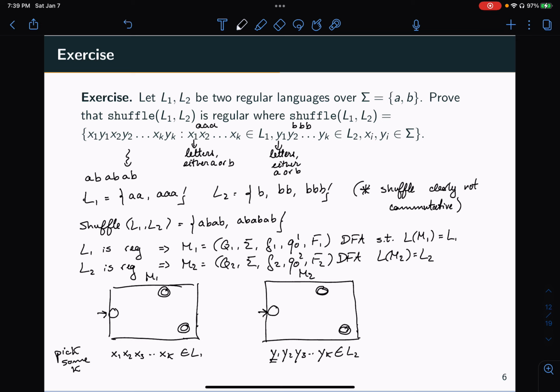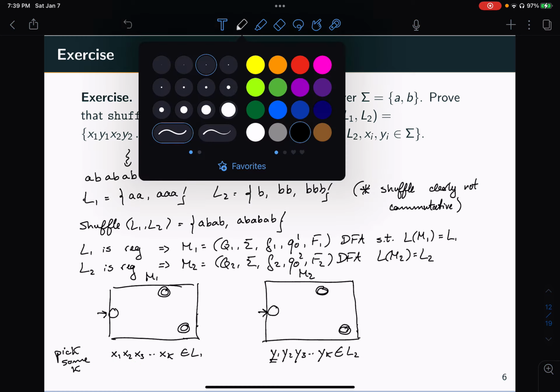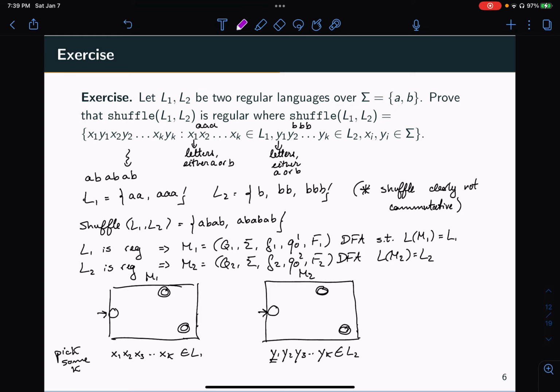Each of these is a letter, so the machine is going to individually read each of these letters. How does this machine actually do that? For M1, we can imagine that it reads X1 and goes to some other state, then reads X2, goes to some other state, reads X3, goes to some other state, and so on, until it reads Xk, and then it goes to an accept state.